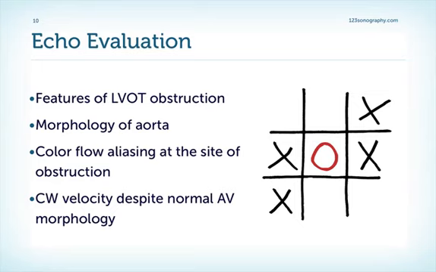And we have to look very closely so that we don't miss out on a membrane or a subvalvular stenosis in the LVOT or a stenosis after the aortic valve in the ascending aorta.